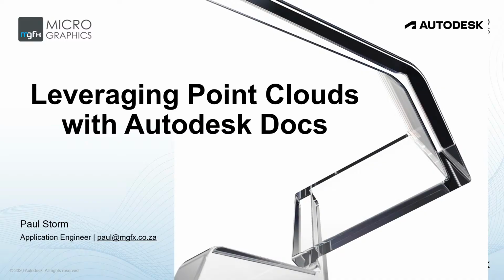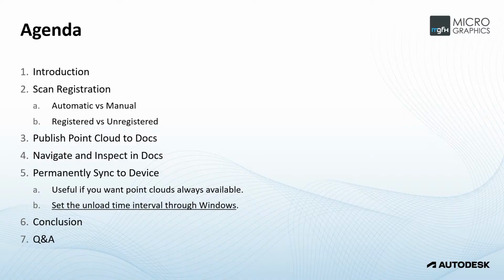So point clouds, reality scans, they are very popular today and they can add a lot of value to your workflow. Our agenda today is going to be just a quick introduction about what we are looking at, then scan registration.